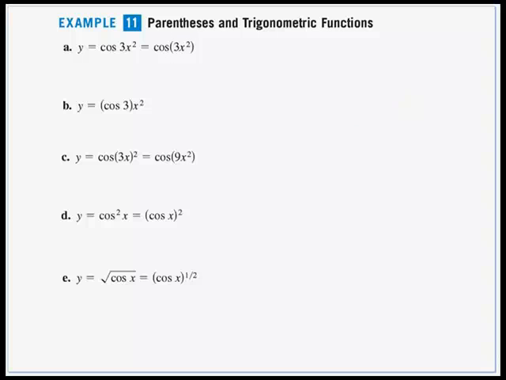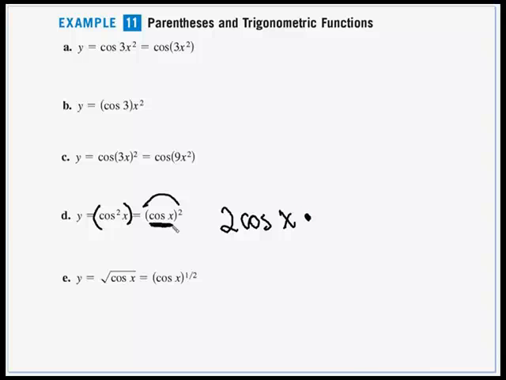All right, letter D. Another movement of the parentheses, so to speak. Here it's cos squared of x. It's not the x that's squared, it is the cosine function itself. And remember, another way to write this, we can parenthesize that off and move that to outside. Cos of x quantity squared. Now it's a little easier to see that this is just going to be a little chain rule. Bring the 2 down front. 2 times the cos of x, now to the first power, so we don't have to write it, times our inner function's derivative.